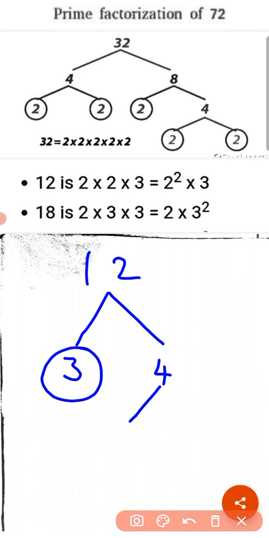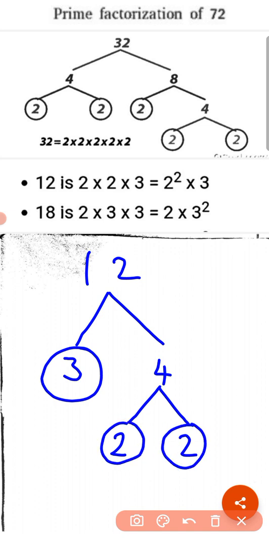Now split 4, since it is a composite number, as 2 into 2. Circle these numbers. In our final branch there are only prime numbers, so we can stop our work.